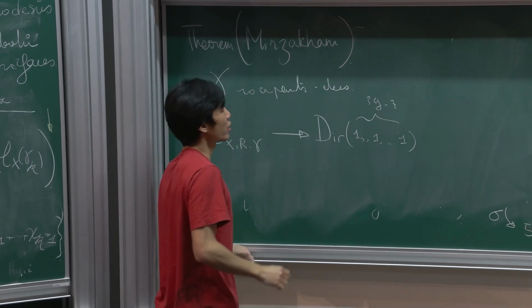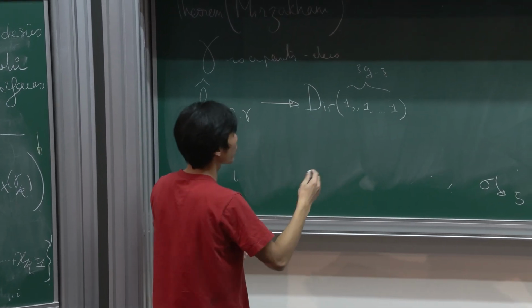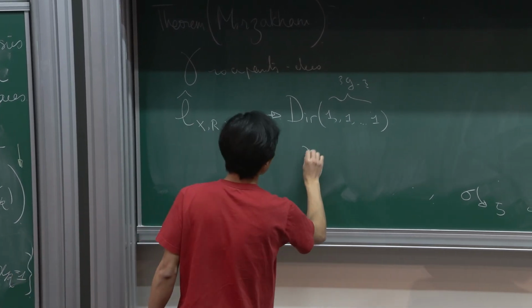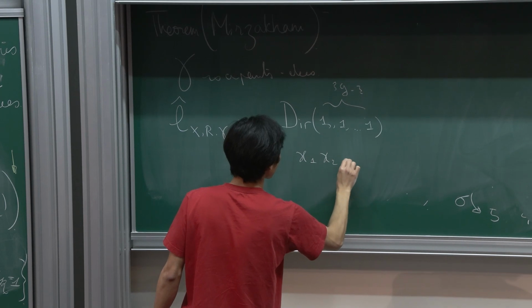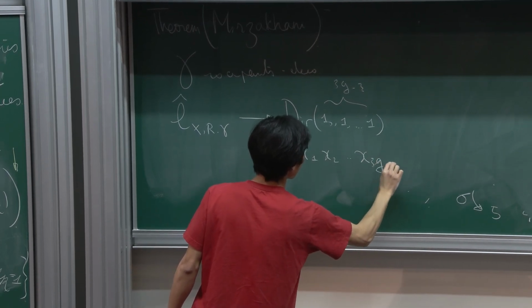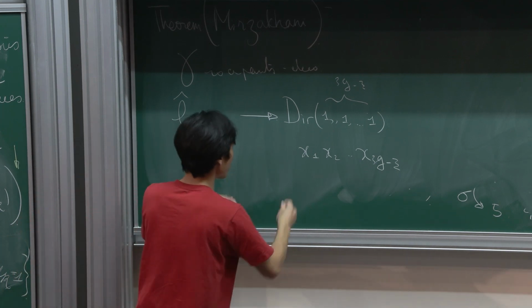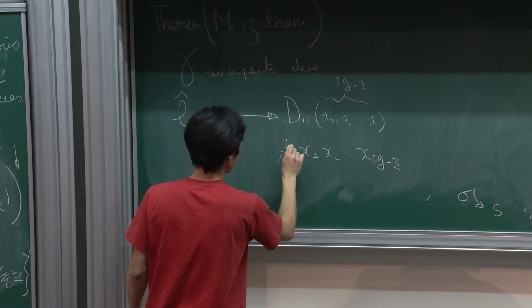So it is a distribution defined on the simplex of dimension 3g minus 4, with density x_1 x_2 ... x_{3g-3}. And of course you have some normalizing constant, but it is not very important.